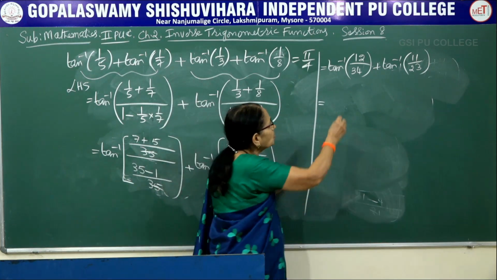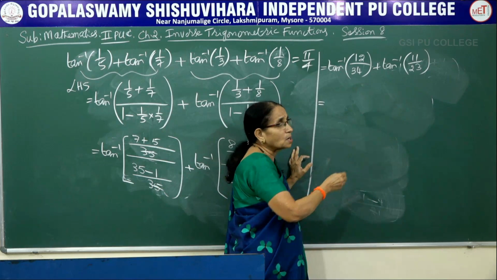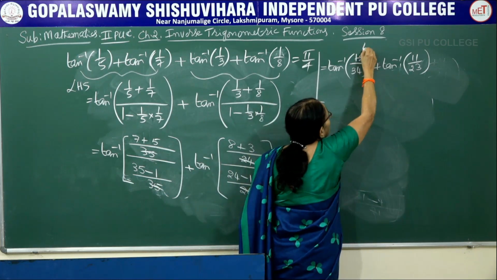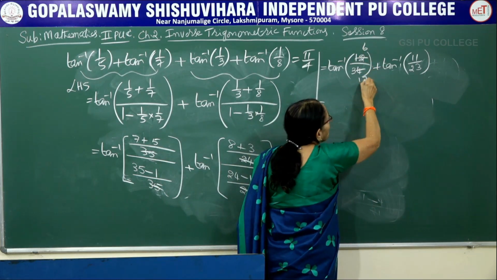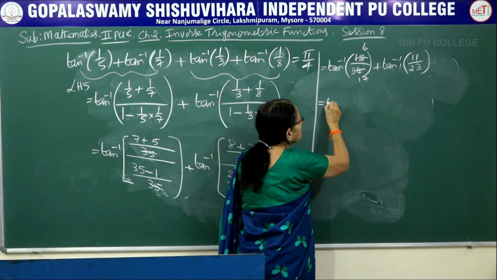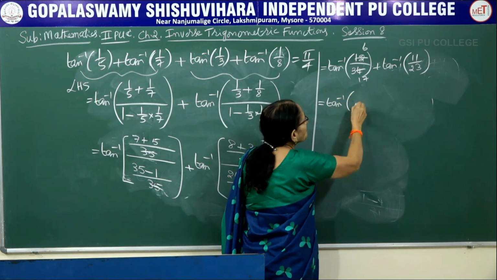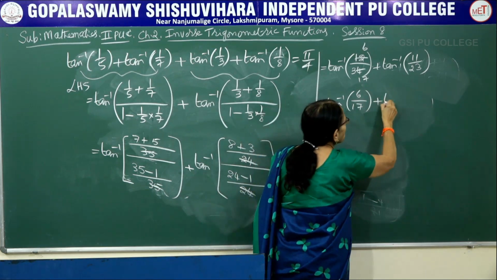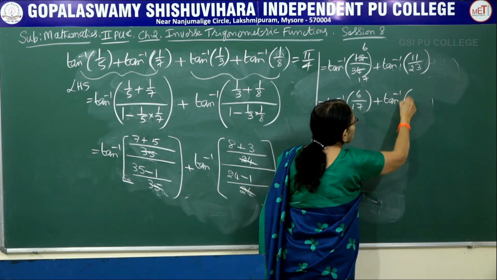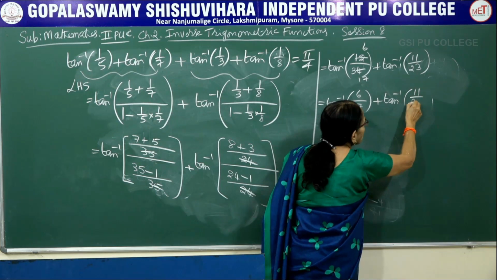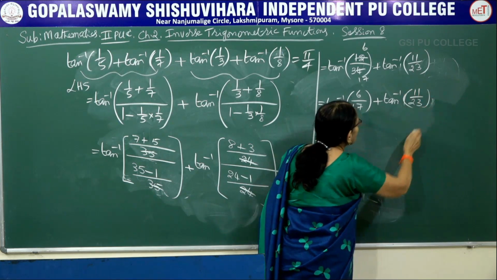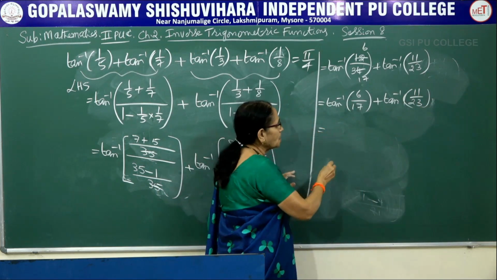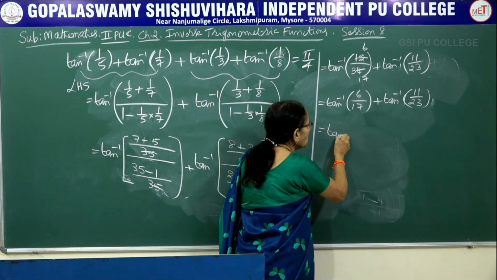But here one more simplification, because the numbers are quite big here, you can do the simplification. 2 6s are 12, 2 17s are 34. So with a smaller number, it's easier to do the arithmetical calculation. Now tan inverse of 6 by 17 plus tan inverse of 11 by 23. Now apply the same property.